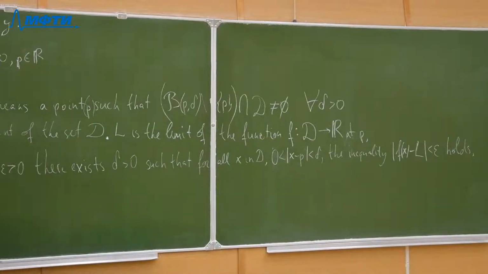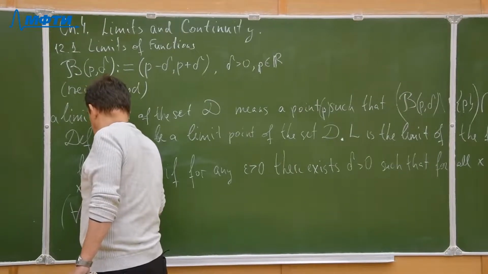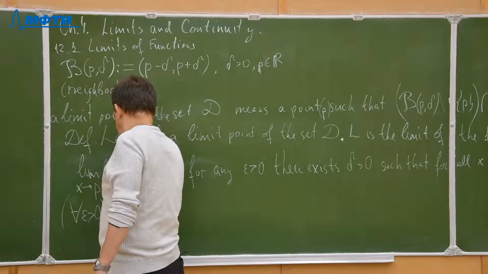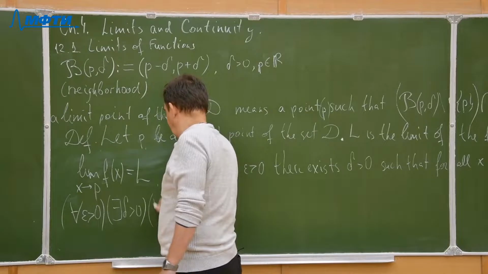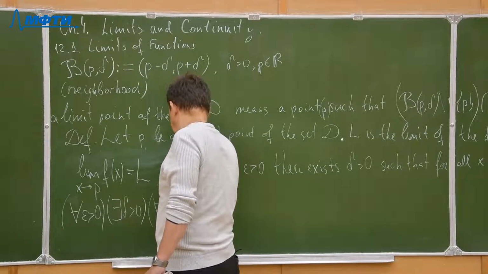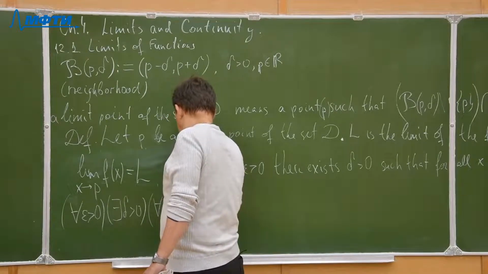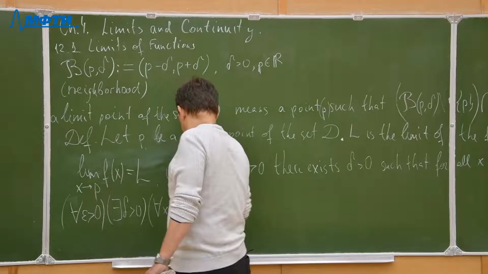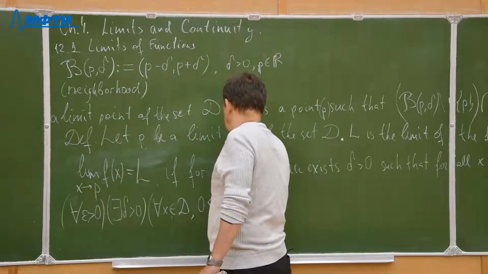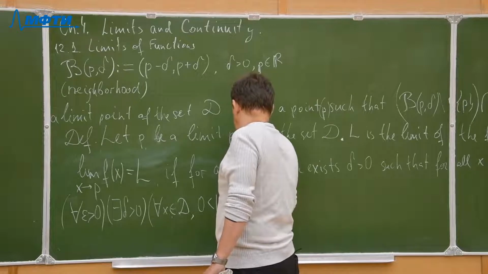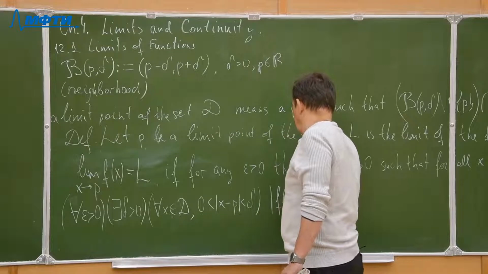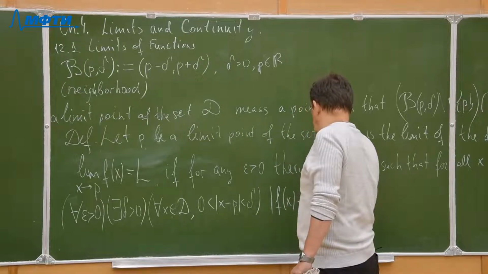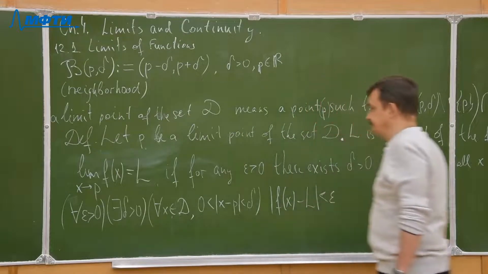Or in quantifiers: for arbitrary epsilon greater than 0, there exists delta greater than 0, such that for all x in D, 0 less than modulo x minus p less than delta implies modulo f of x minus L less than epsilon.